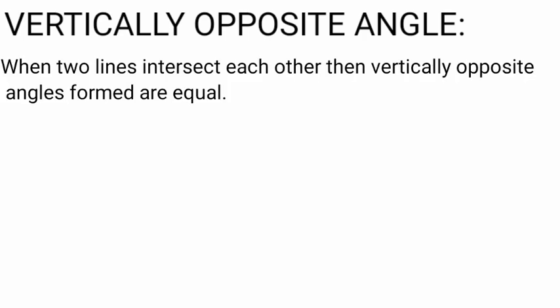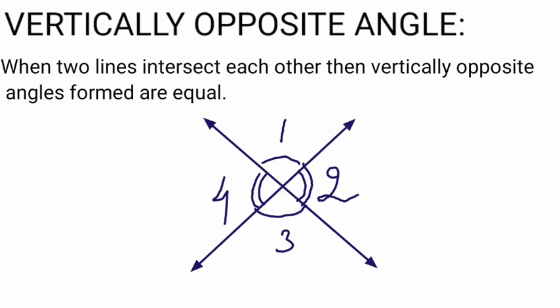Vertically opposite angle. When two lines intersect each other, then vertically opposite angles are formed and they are equal. Here in the diagram, both the lines intersect and four angles are formed, that are angle 1, 2, 3, 4.